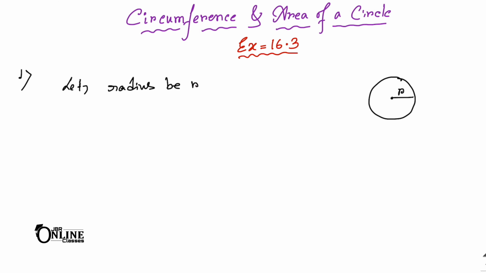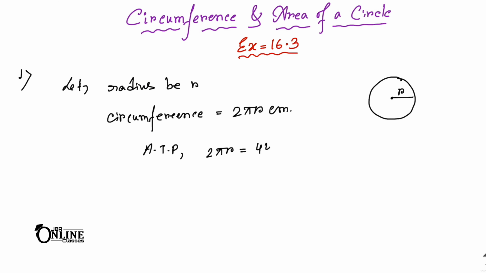Then the circumference formula is 2 pi r centimeter. Now according to the problem, 2 pi r equals 44, it's given. So r equals 44 by 2, then 1 by pi.